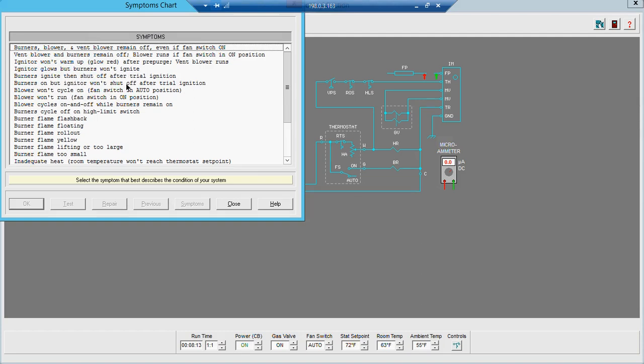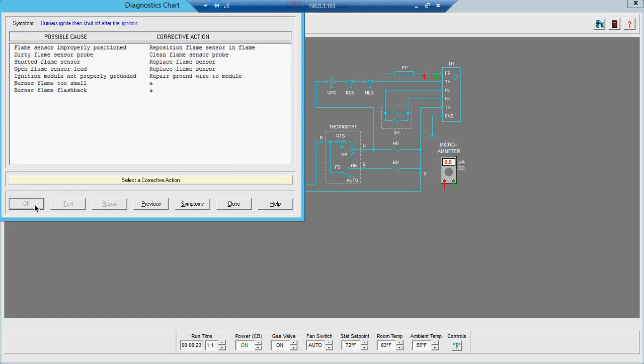Let's go with that one, because that sounds like what's going on. Oh, here we go: flame sensor not properly positioned in the flame. So let's repair that.